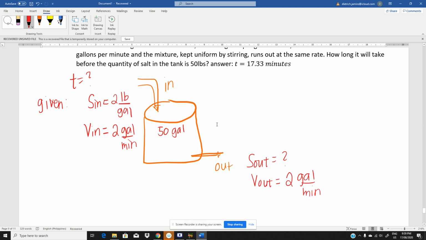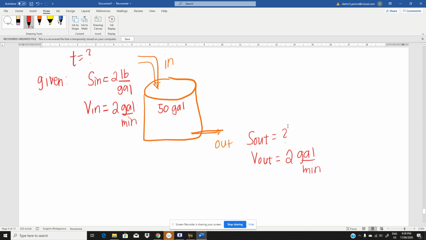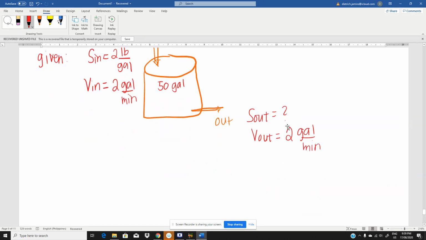So how long will it take before the quantity of salt in the tank is 50 pounds? We are required to find T at 50 pounds is equal to S out.